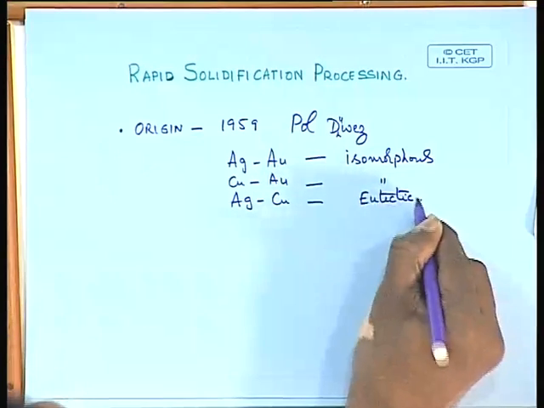For many years people did not really understand because it disobeys the Hume-Rothery rules. The Hume-Rothery rules, which we know from the 1930s onwards, say that the solubility of A in B is decided by certain four factors: size factor, electronegativity, valency, structure.